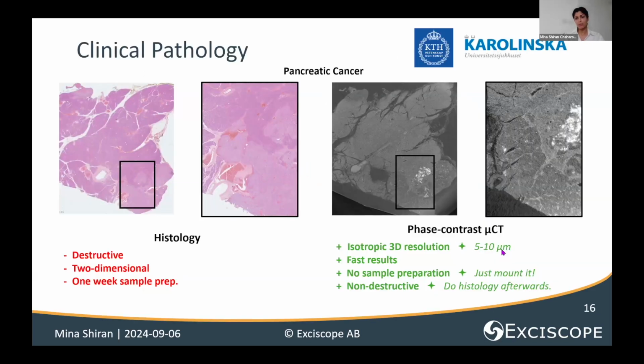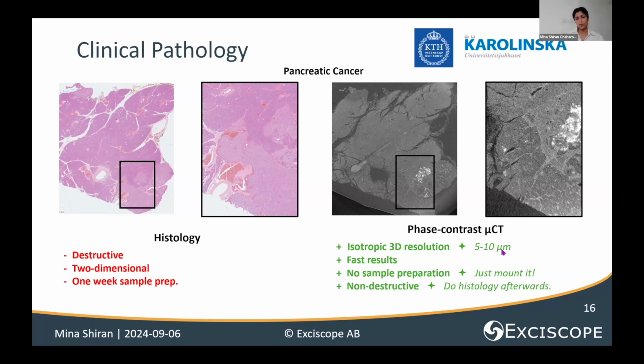The first example was done in collaboration with KTH and Karolinska Hospital, and we studied pancreatic cancer. Of course, we did it with the classical method using an optical microscope, and compared it with phase contrast microCT.